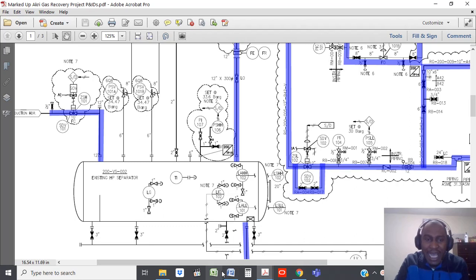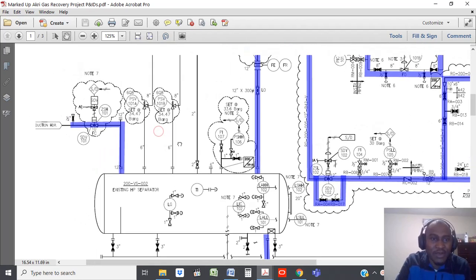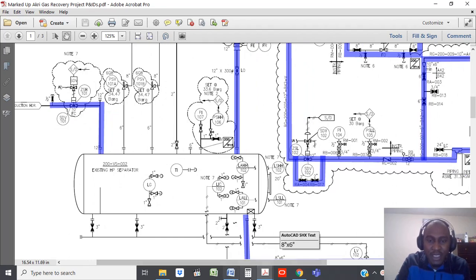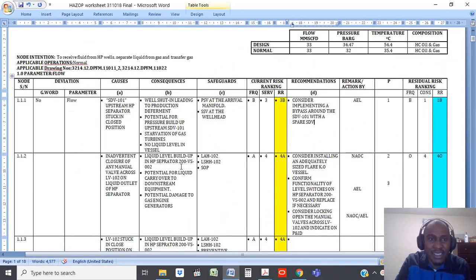So I have a HAZOP that I've done, and I want to break it down and explain how you go through the motions here. To do your HAZOP, you must have already brought in the entire team. We should have your process engineers, your safety engineers, your operators, the HAZOP facilitator, the chairman, and the scribe.